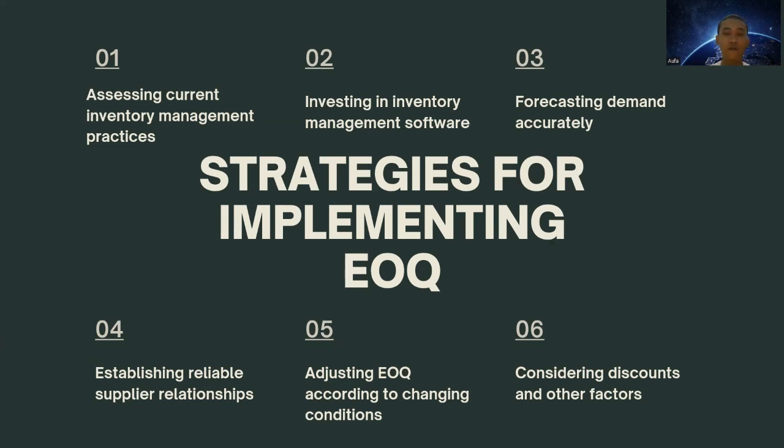Monitor the inventory level, cost, and demand pattern, and update the EOQ accordingly. And last, considering discounts and other factors. Evaluate the trade-off between ordering in bulk to avail discounts and ordering in smaller quantities to reduce holding costs.